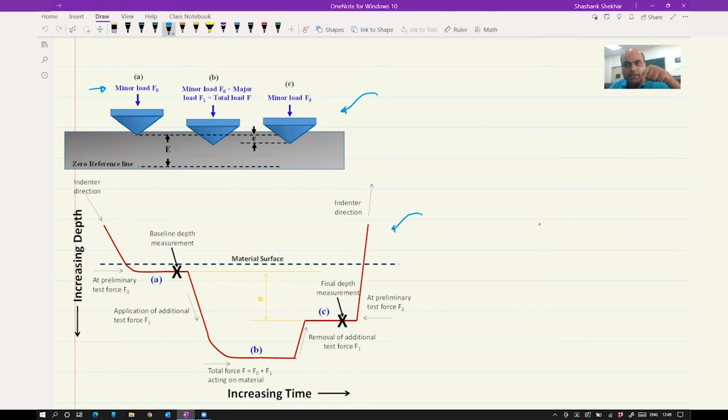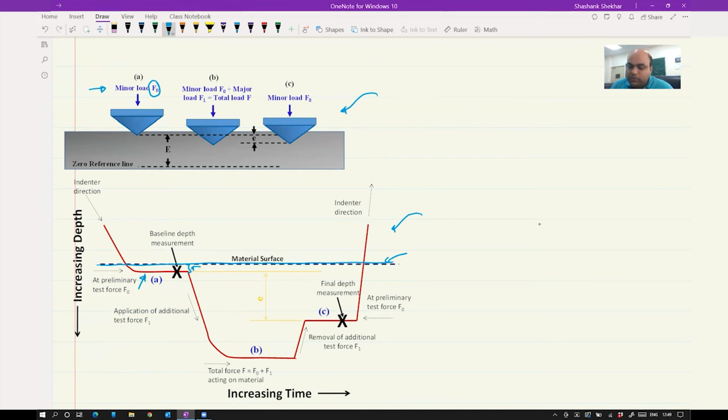One advantage is that if you have a rough surface, you get rid of that effect. You apply a minor load of F0, which corresponds to this point here. This line is your sample surface. You are applying a minor load, so you attain some depth, this particular depth here.